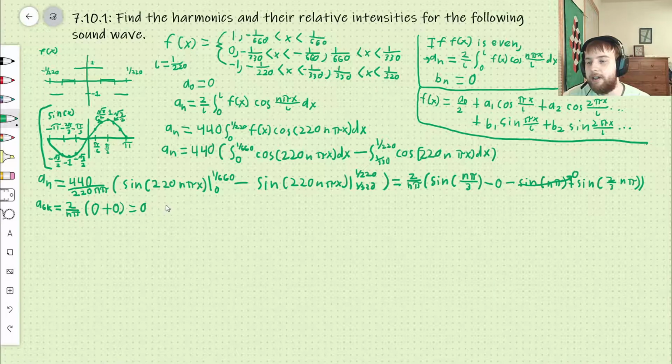And now, for the next step, what if n is a multiple of 6 plus 1? So, like your 1, your 7, your 13. So we're still going to have this factor out in front, as usual. But let's see what we get on the inside this time.